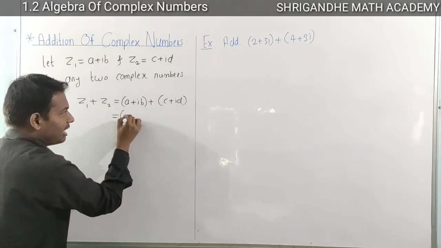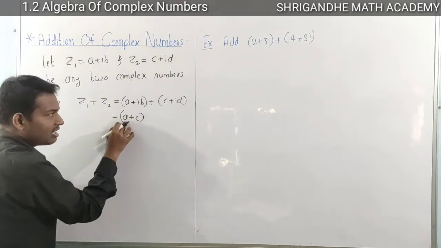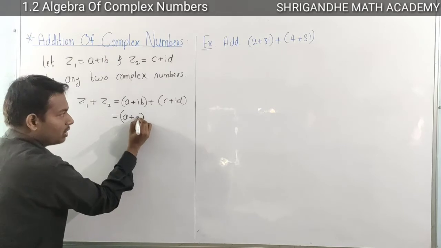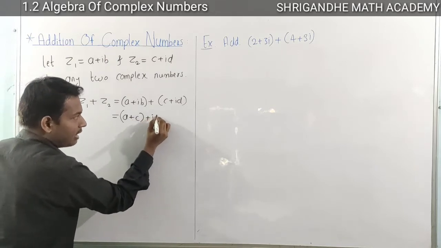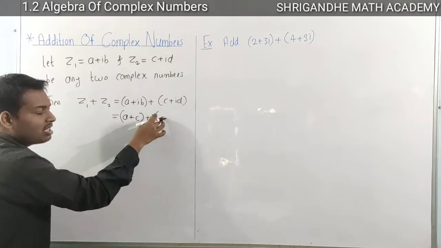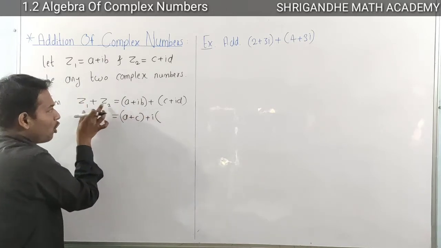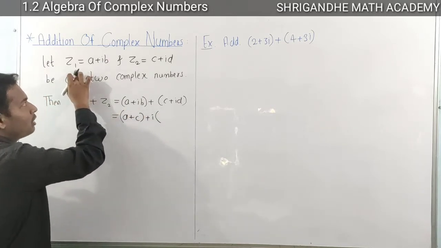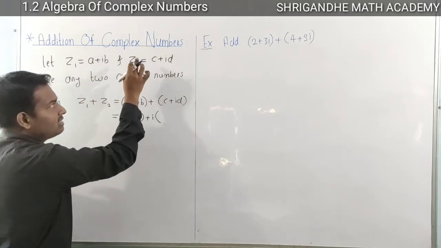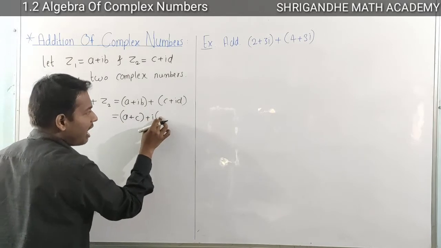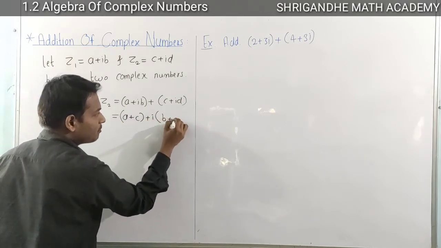Therefore in bracket a plus c, a is the real part of Z1 and c is the real part of Z2. Now plus I in bracket, we add the imaginary parts of both complex numbers. The imaginary part of Z1 is b and in Z2 the imaginary part is d. Therefore plus I in bracket b plus d.